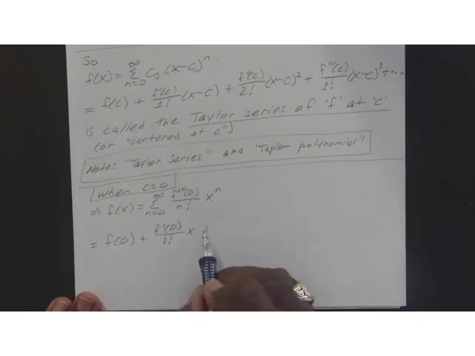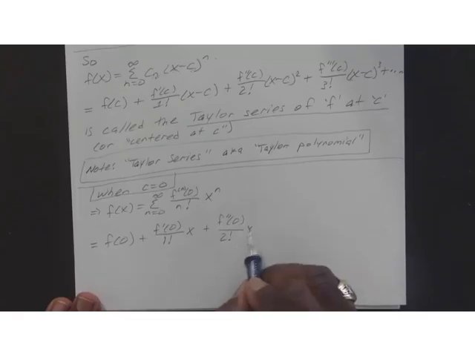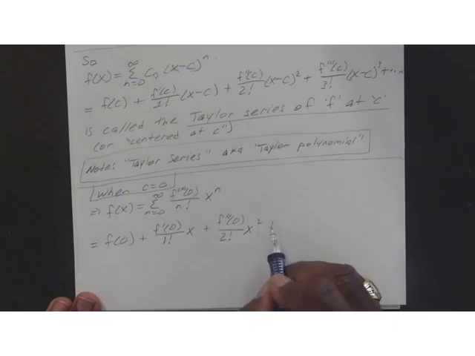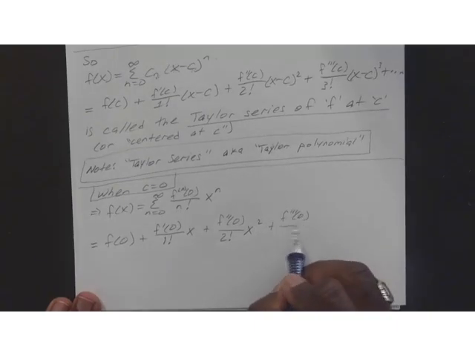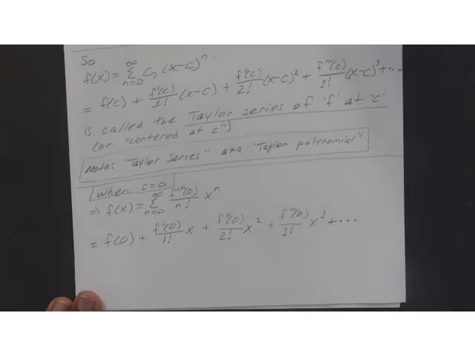When n is equal to 2, that's the second derivative at 0 divided by 2 factorial times x squared. When n is equal to 3, that's the third derivative at 0 divided by 3 factorial times x to the third power, and it just keeps on going.